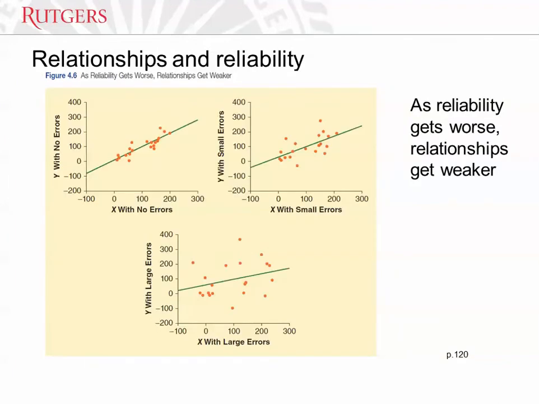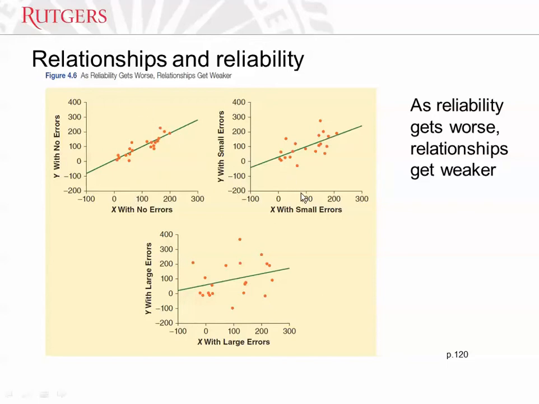Related to that is an important fact that unreliable data tends to water down or attenuate relationships. What you're looking at here are three scatter plots that show a relationship between x and y. In the first scatter plot up here, we're assuming there's no error and the relationship is nice and strong.